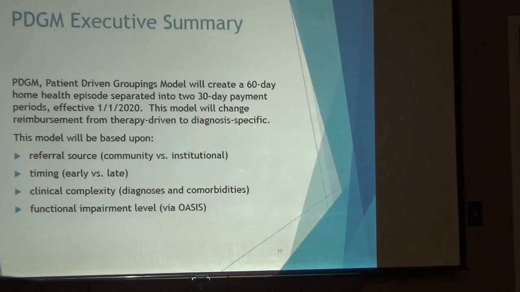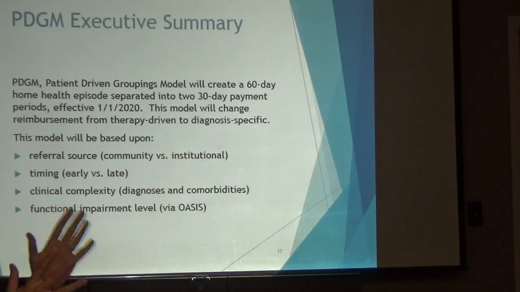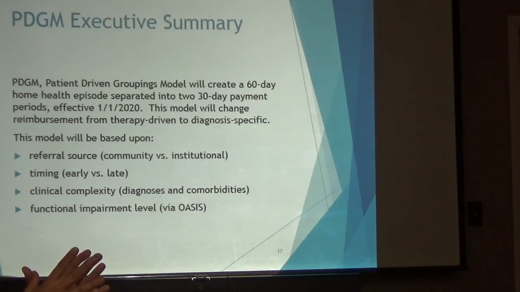So really the big thing is the HIPPS code now has 432 scores. And the way the HIPPS code is now called is it's going to be codified into referral source.